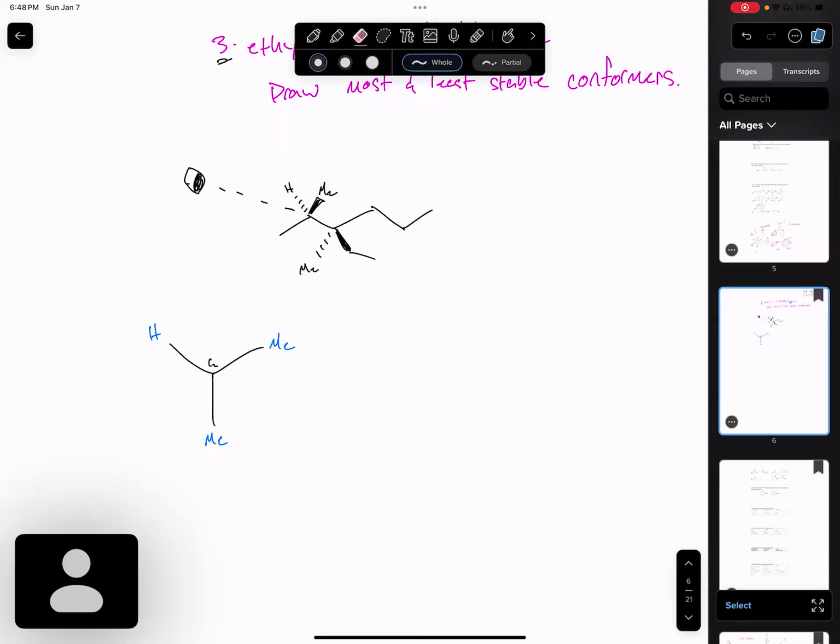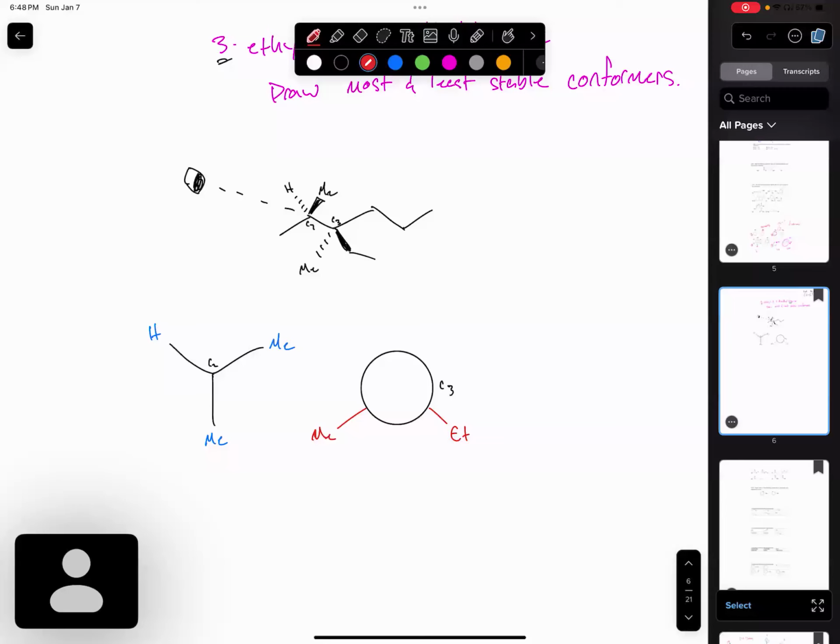Okay? All right, what about on our back carbon? And here, I'll just make this a little bit more simple. This is the back carbon. This is C3. So this was C2. This is C3. What is pointing to my left? Methyl. Yes, ma'am. What's pointing to my right? Ethyl. Okay.